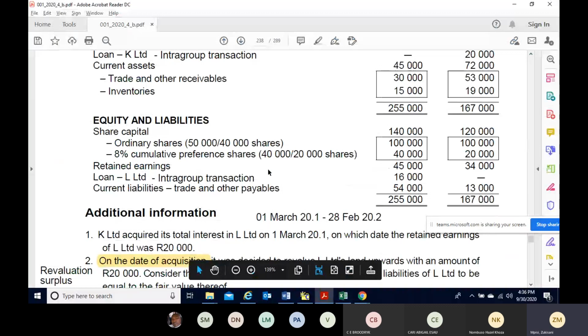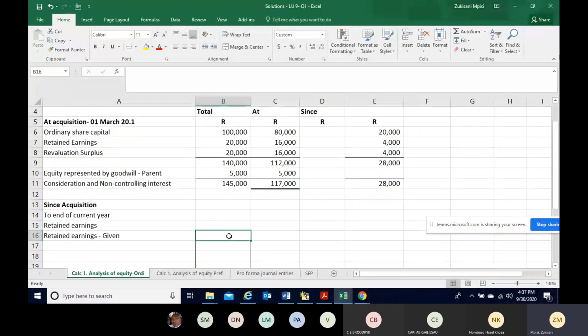So let us look at how much was given. You were told that retained earnings at the end of the year was 34,000. This is what we were told for LLTD. And then we have retained earnings that were given at acquisition.